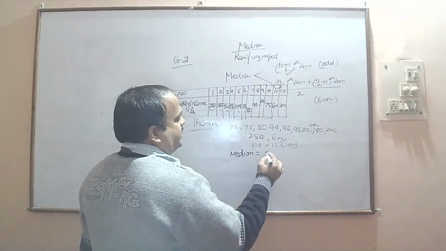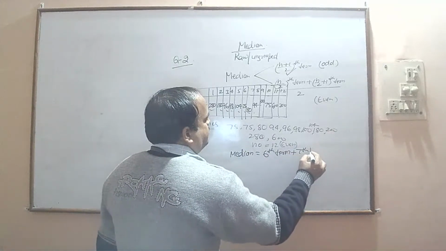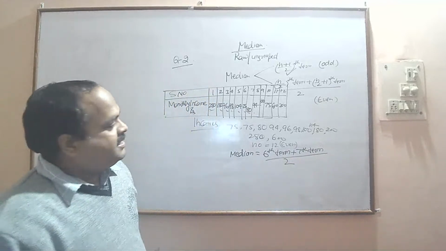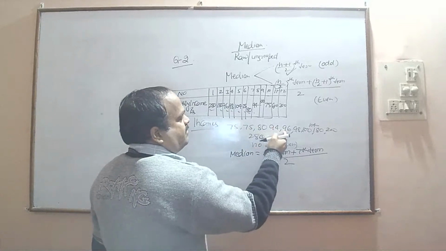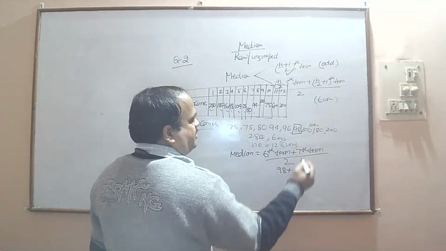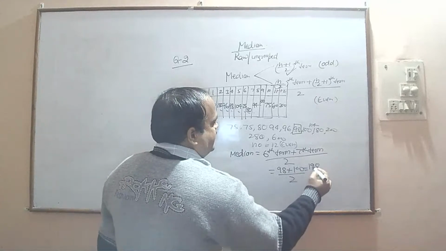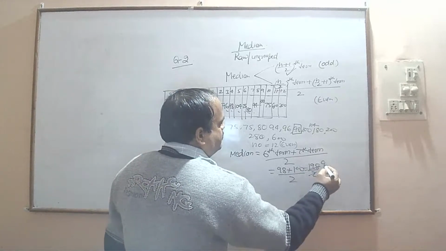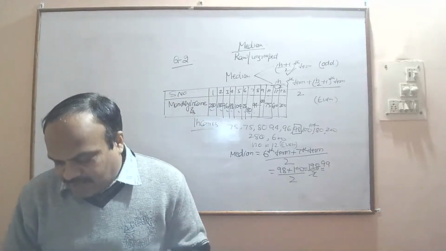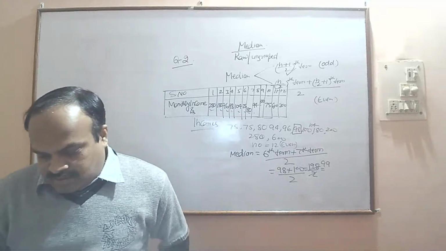So the median will be the average of the 6th term plus the 7th term. 6th term: 1, 2, 3, 4, 5, 6, 98. 7th term: 100. 198 by 2 is 99. So 99 will be the median income.